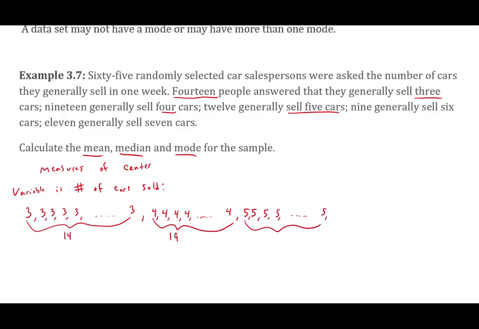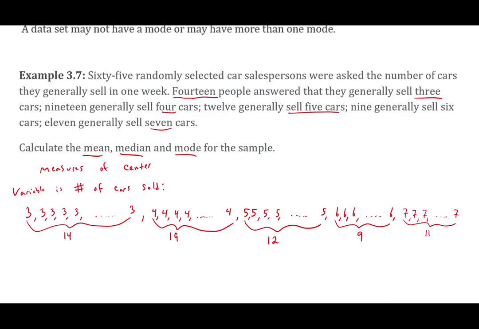There are 12 people that say they sell 5, and 9 people generally sell 6 cars. How many cars do you sell? 6, 9 of them. And then 11 people sell 7 cars, so we're going to put 7 here 11 times. So there's a lot going on with this question.